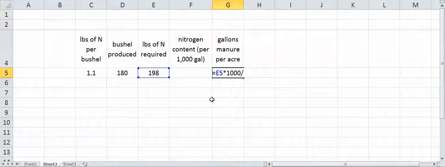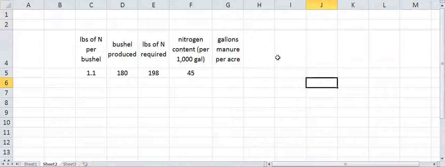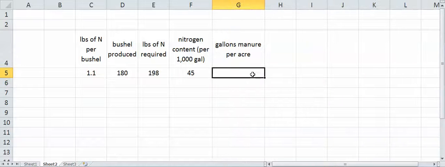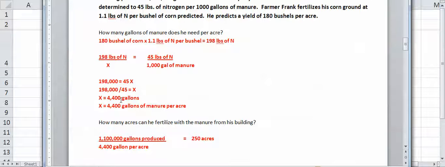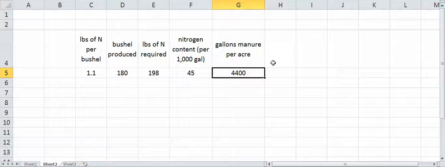So I gotta make this cell bigger. Let's try it again. So again, equals pounds of N required times 1,000 gallons divided by pounds of N per 1,000 gallons. There's my gallons of manure I need. Just like I did by hand. You're just making the computer do what you did by hand.